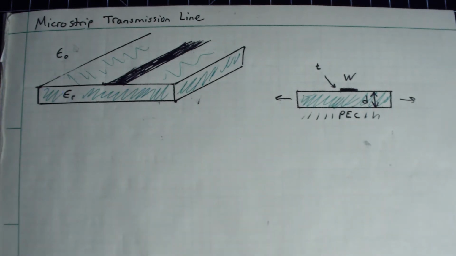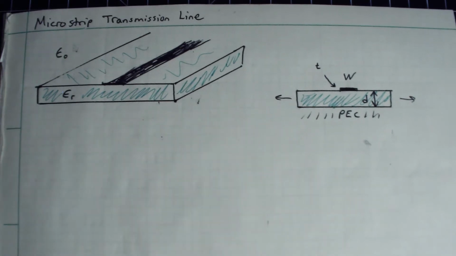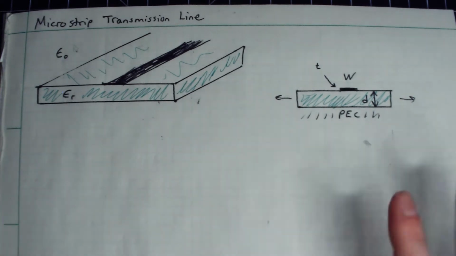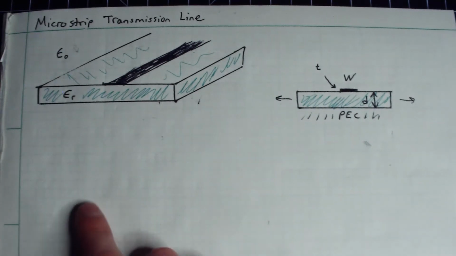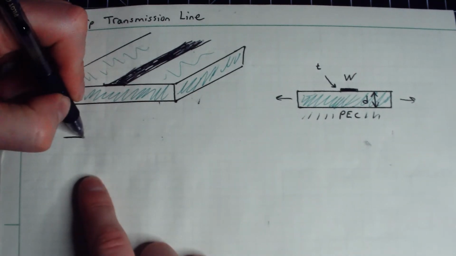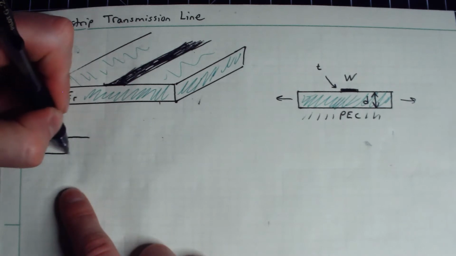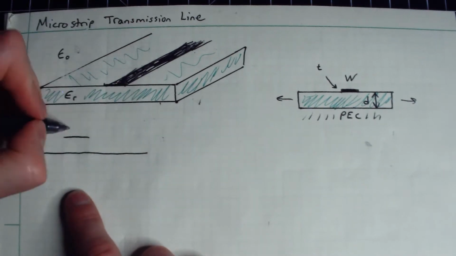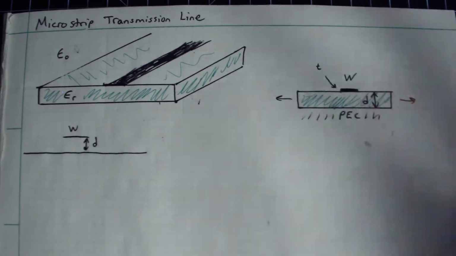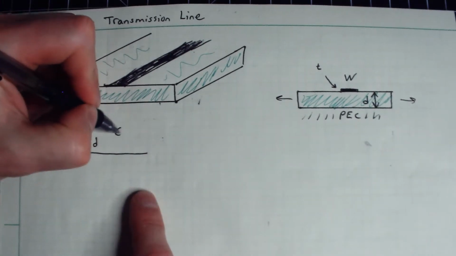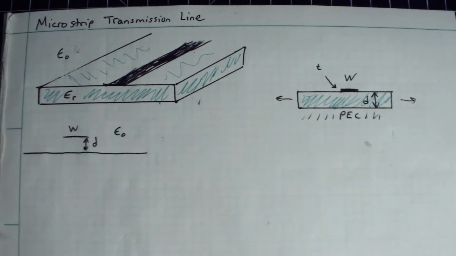So let's talk a little bit about some of the basic physics inside of a microstrip transmission line. To begin, I want you to imagine what would happen if I removed this dielectric entirely. So for example, we look at the cross-section, and I would just see something that looks like this. Okay, so there's my W, there's my D, but I've removed the dielectric, and it's just epsilon naught everywhere throughout all space here.